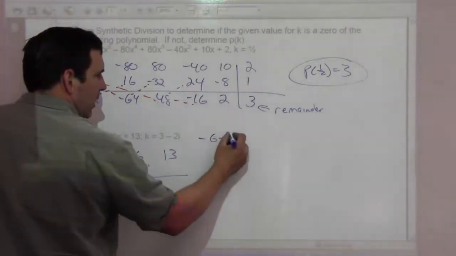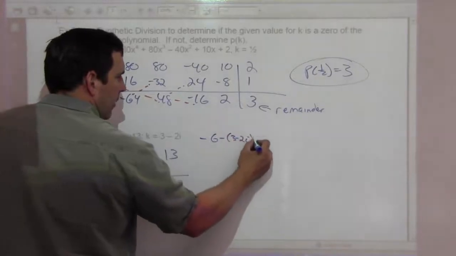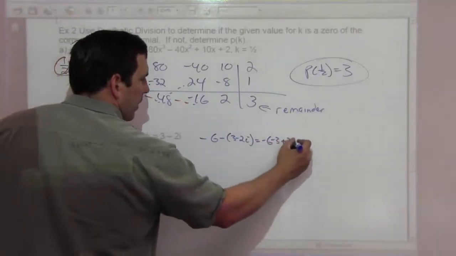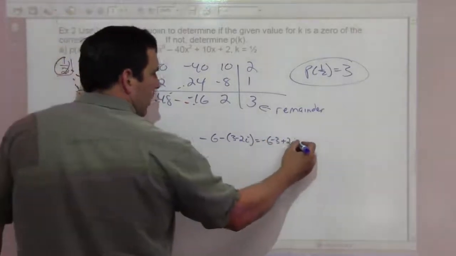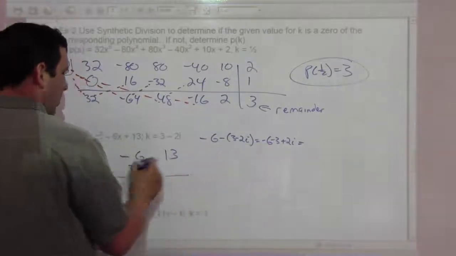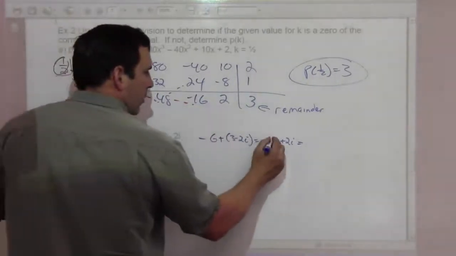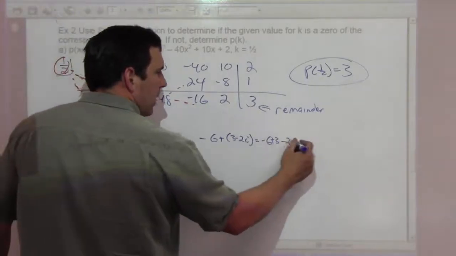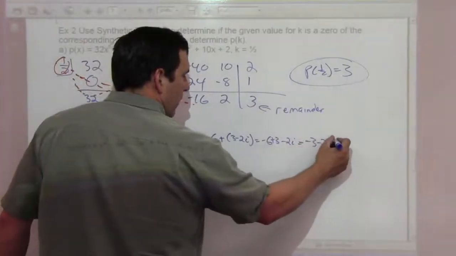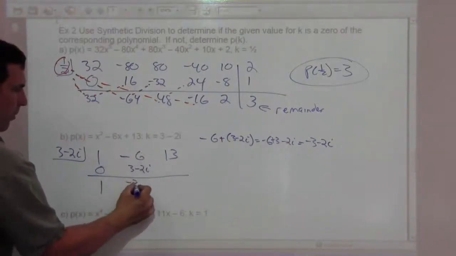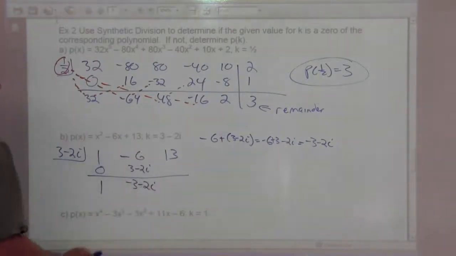Oh, sorry, this is a plus between them. Negative 6 plus 3 is negative 3, and then minus 2i. So the result from right here, adding straight down, is negative 3 minus 2i.